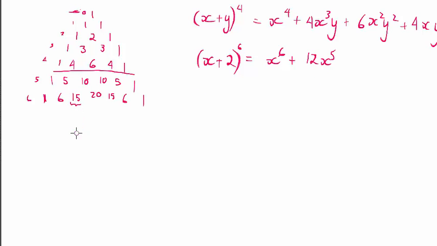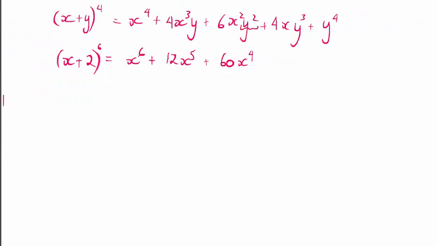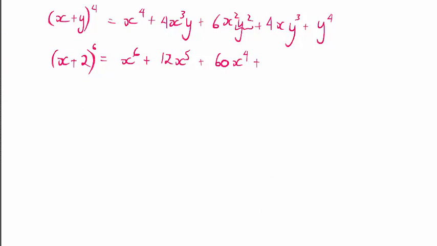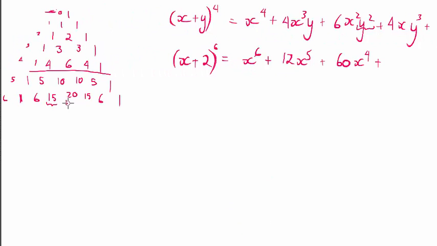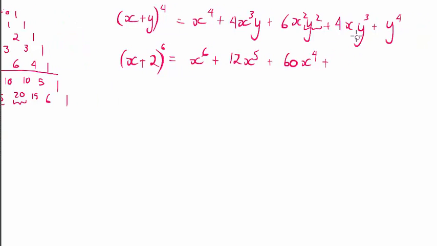The next one is 15. So it's plus 15, but the y value is squared, so the 2 is squared, so it's 4. 15 times 4 is 60, x to the power of 4. Next one is 20. Y is now to the power of 3. 2 to the power of 3 is 8. 8 times 20 is 160, x to the power of 3.